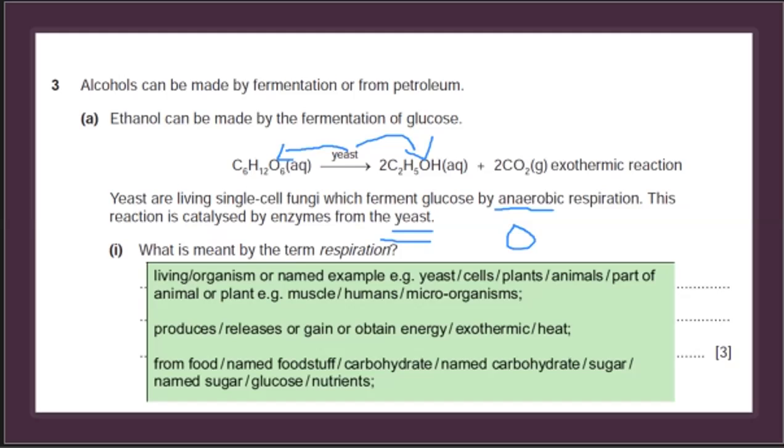But when we respire, I'm not talking about inhaling and exhaling. I'm talking about your body using energy to perform tasks, right? So living organisms, for example, yeast cells, plant cells, animal cells.